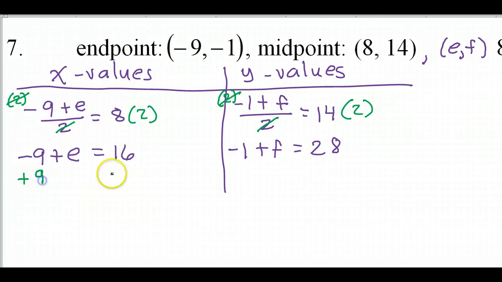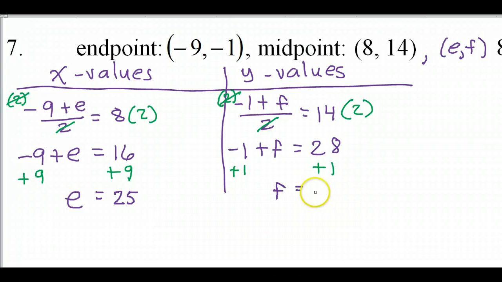Let's see, to get e by itself, I have to add 9 to both sides. To get f by itself, add 1 to both sides. So that's going to give me e equals 25. And over here, this is going to give me f equals 29.